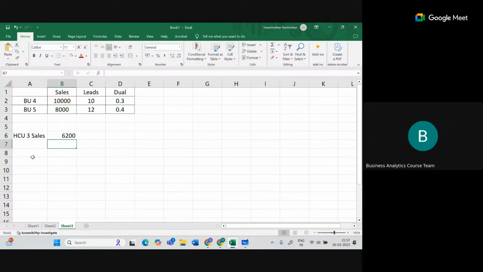Similarly for HCU 3 leads, multiply with 10 and 12. So it is 0.3 into 10 plus 0.4 into 12. So this is your answer. Let us verify this answer.